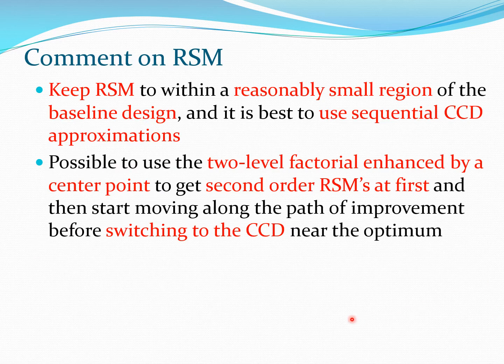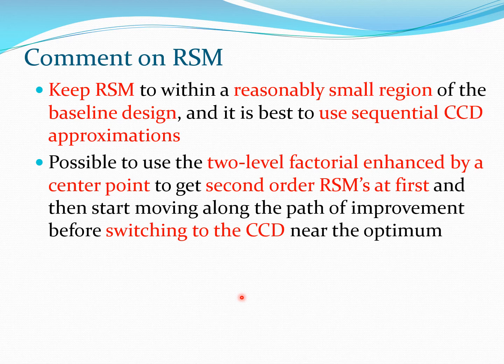Now, we also saw that it's best to keep the response surfaces within small regions of the baseline design and then move using sequential CCD through the design space. Sometimes you may use some tricks. For example, you may start off with a rougher design. You could use a 2-level factorial to start the process. You could enhance it with a center point.